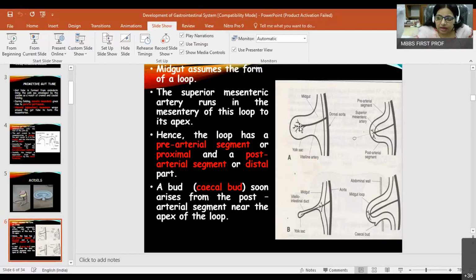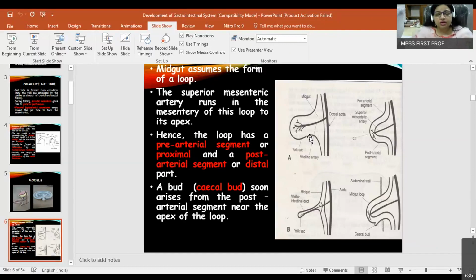Now this branching of this dorsal aorta gives rise to an artery, that is artery of foregut, artery of midgut, and artery of hindgut. So artery of foregut is named as celiac artery, that is celiac branch of dorsal aorta, whereas the midgut is supplied by the superior mesenteric artery.